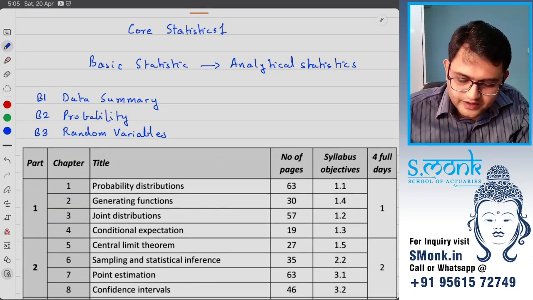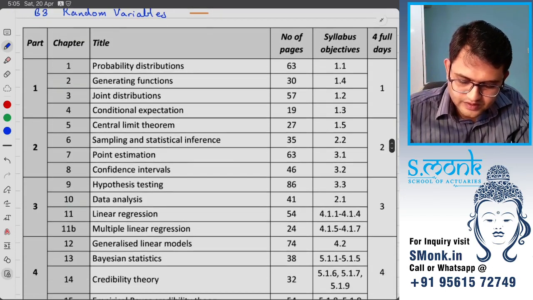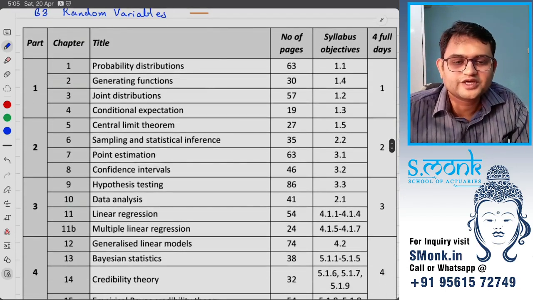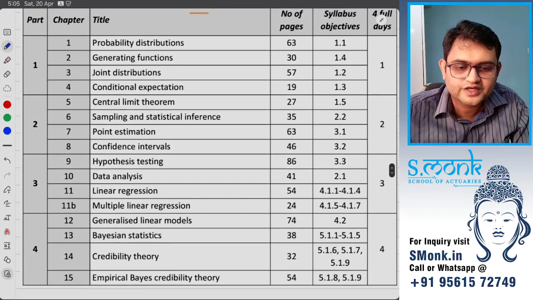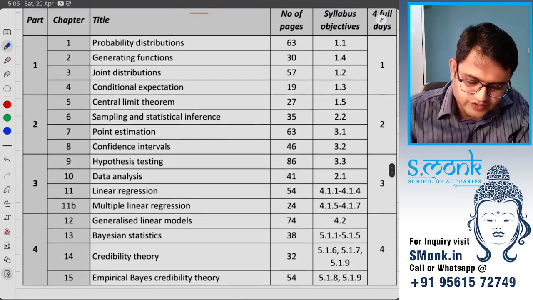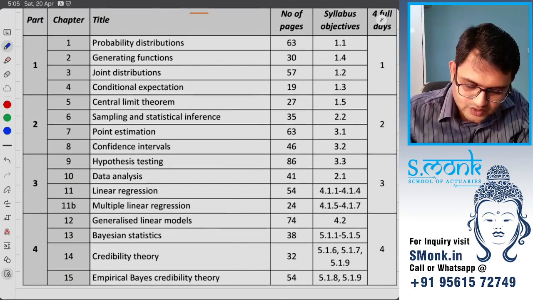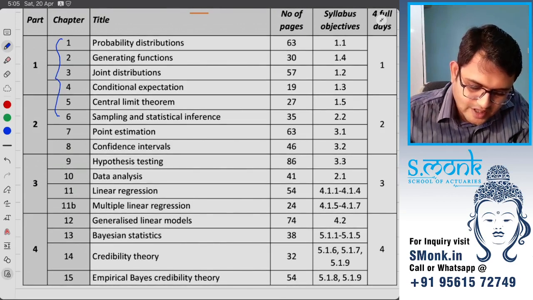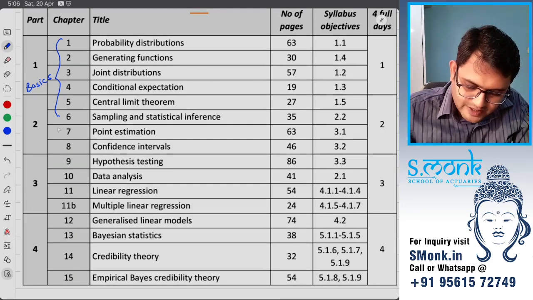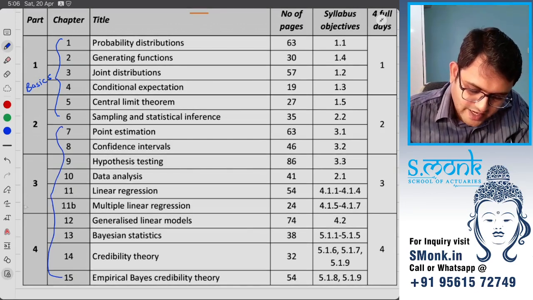And after that comes the topics that are part of our course. So we have 15 chapters here. At the beginning we'll be talking about basics. So first, let's say 6 chapters are the basics, and from chapter 7 to chapter 15, these are the analytical part.